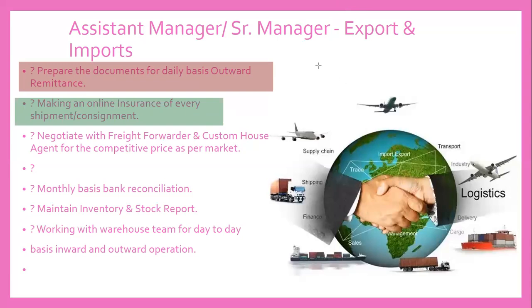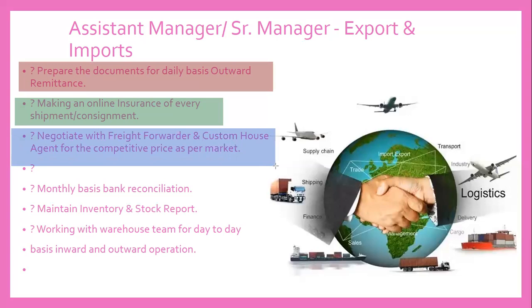Now the next one is to negotiate with the freight forwarder and custom house agent for the complete price as per the market. For every shipment there is no need to take pricing by sending an email asking what the price will be. You can take pricing on a monthly or quarterly basis.